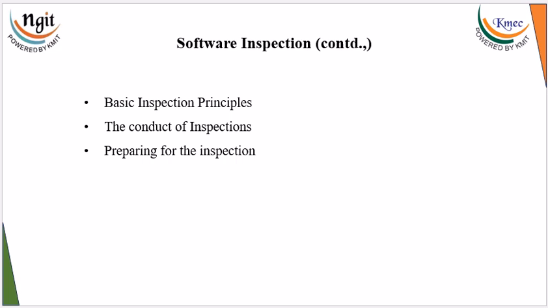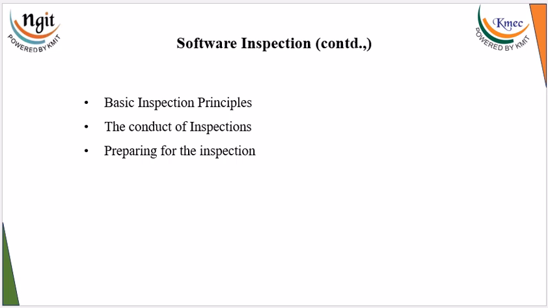So in the first step, we have discussed that producers and managers are going to decide that the product is ready for the inspection and agree to the inspection objectives. In the next inspection phase, the participants are identified, and these particular participants will be inspected here.